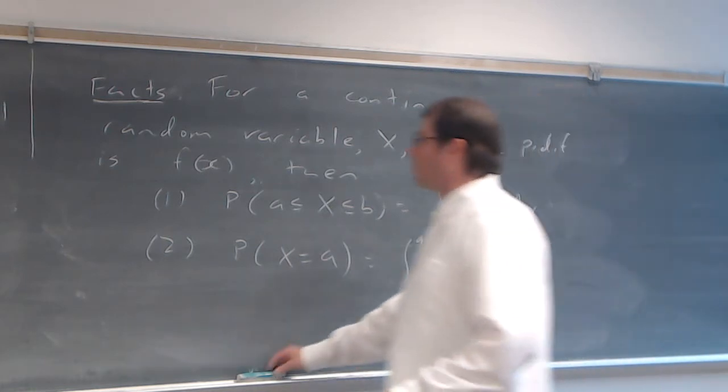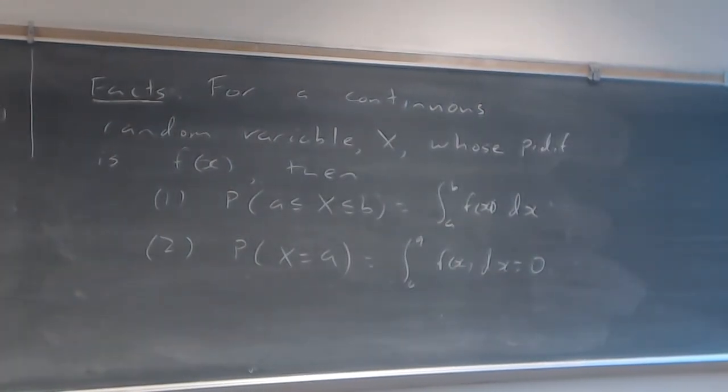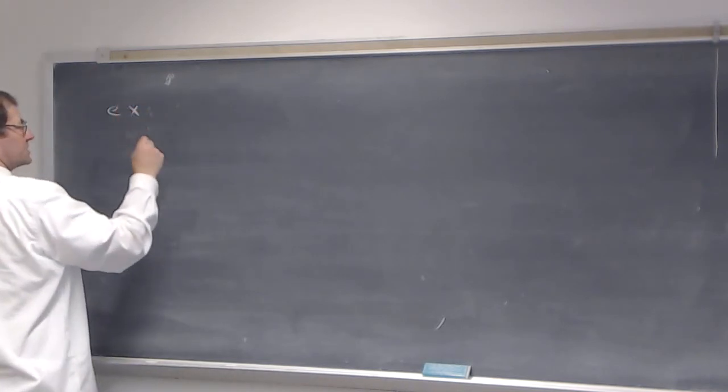Let's look at an example of a continuous random variable, one we've already seen. And I'll refer to this example several times.